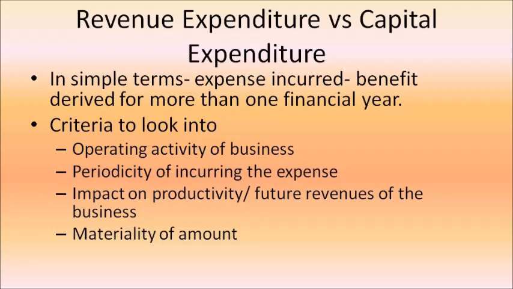So the periodicity of incurring such investments in or spending on the machinery is not frequent. So in such cases, they are capital expenditure. And in case of other expenses like payment of wages, salaries to the employees, these are more frequent and recurring within a financial year. In such cases, these are revenue expenditure.